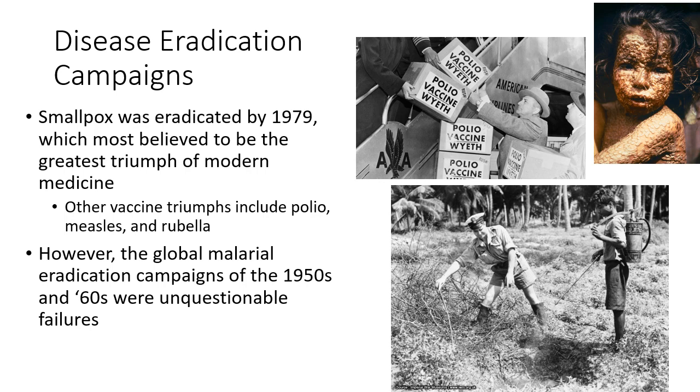And the only smallpox that exists today, as far as I know, is in labs. The other vaccine triumphs include polio, measles, rubella. Even though we have some instances of those, they're not completely eradicated. We have very, very, very low numbers of measles, mumps, rubella, etc., because of vaccination campaigns.